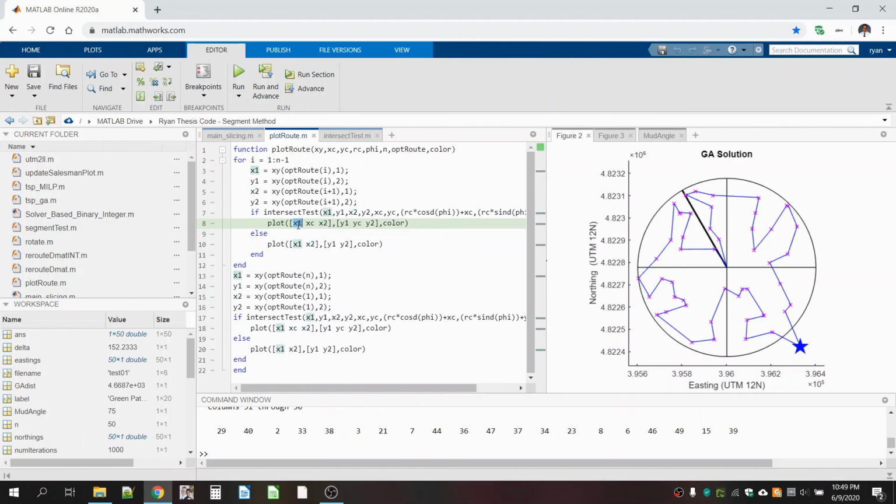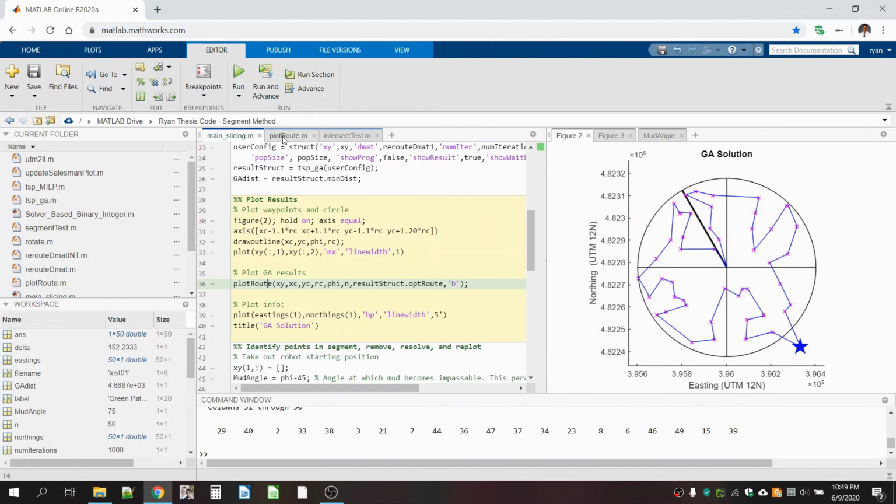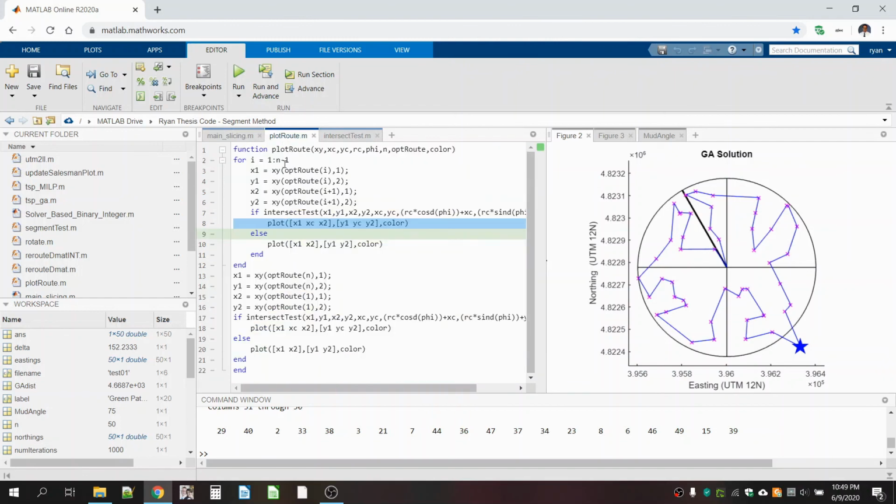Now I say first waypoint and second waypoint because this is a for loop stepping through the optimum route. So first and second waypoint, second and third waypoint, third and fourth waypoint, it's comparing all those pairs. So that's what this intersect test is doing, in case you were wondering.